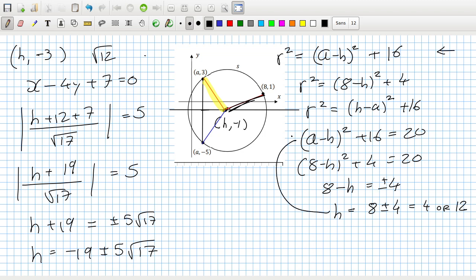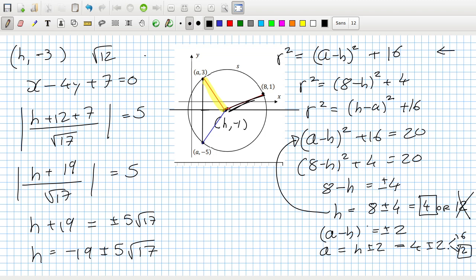And if I sub that back in there, I get a minus h squared equals 4. So again, square root, plus or minus 2. So a equals h plus or minus 2. I can't put a 12 in for h, so that's ruled out. So it has to be 4 plus or minus 2, so it's either 6 or 2. And it has to be less than 5, so it has to be 2.